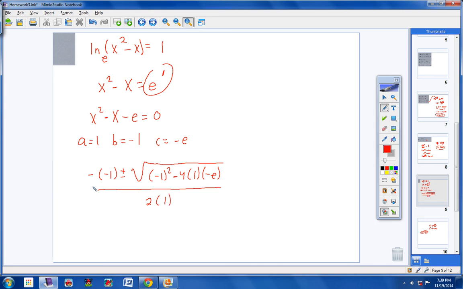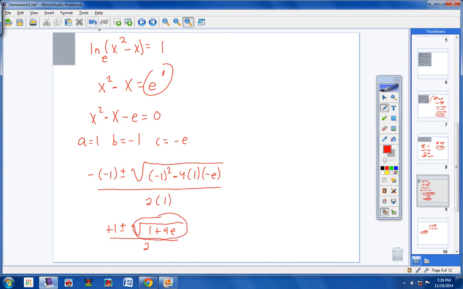Negative times a negative is positive 1 plus or minus, negative 1 squared is 1, and then negative 4 times 1 times e is positive 4e, all over 2. Now I'm going to go ahead and make this a big decimal.